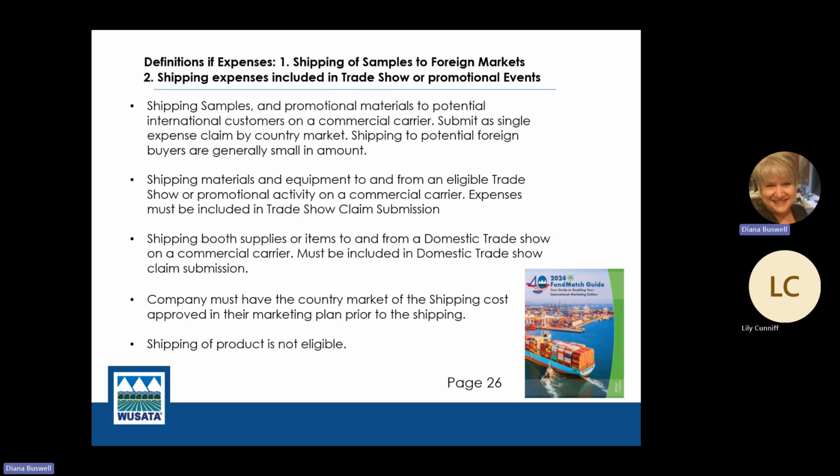So when you're compiling all of your different expenses, shipping will be one of them, and you'll include it in your trade show claim. And the same goes for a domestic trade show. For shipping booth supplies or items to and from a domestic trade show on a commercial carrier, it must be included on your domestic trade show claim submission.